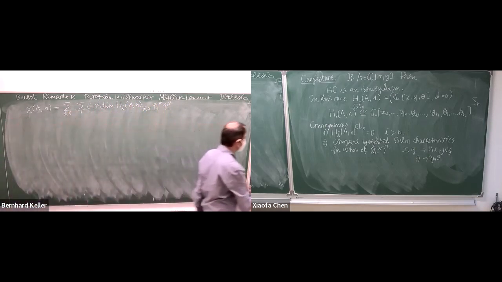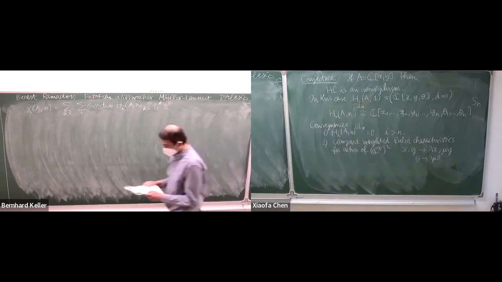We have to show that the torus action can be defined, so we get an identity for the conjecture.